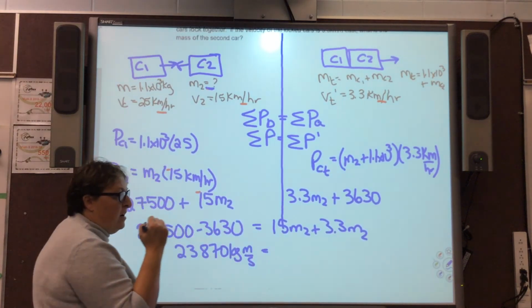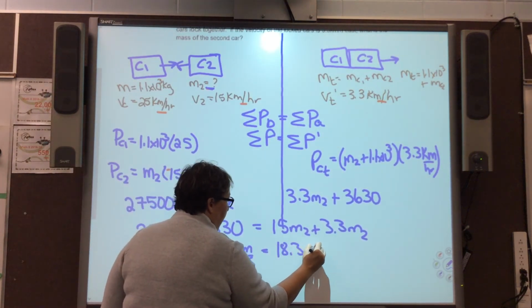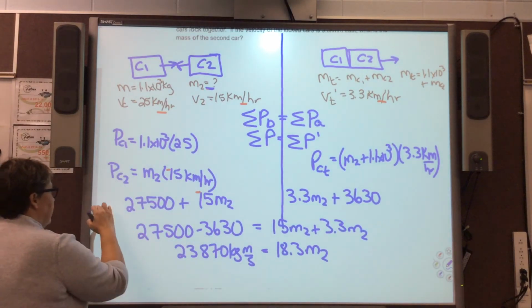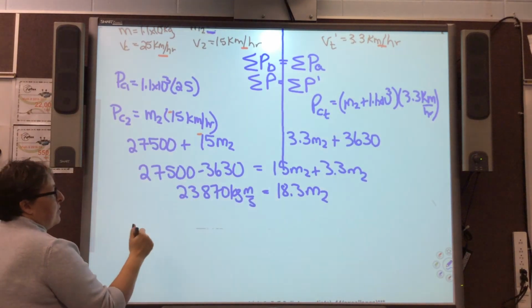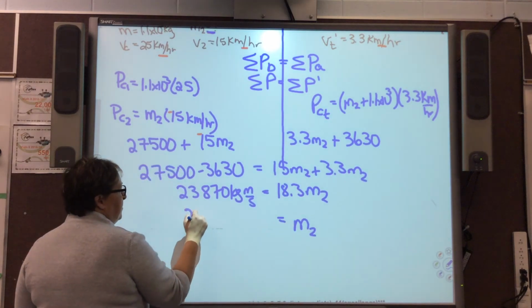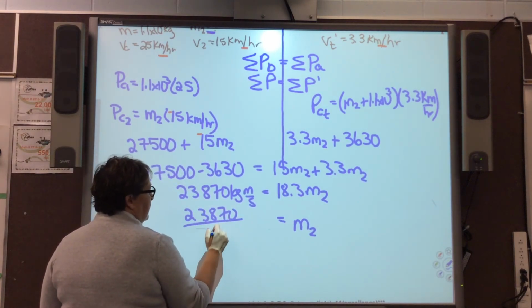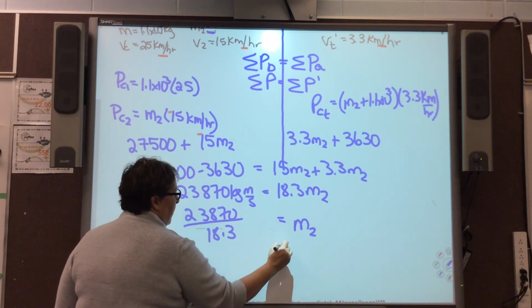And this over here is going to be 18.3 M2. So M2 is going to be equal to 23,870 divided by 18.3.